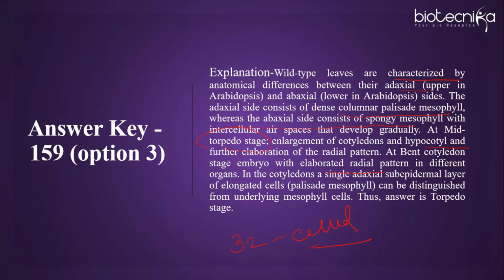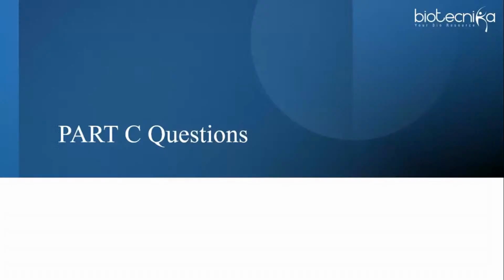So, in the cotyledons, a single adaxial subepidermal layer of elongated cells can be distinguished from the underlying mesophyll cells. Okay, so that is what. So, in this question also, we have to understand the correct option should be a diploid sporophyte.